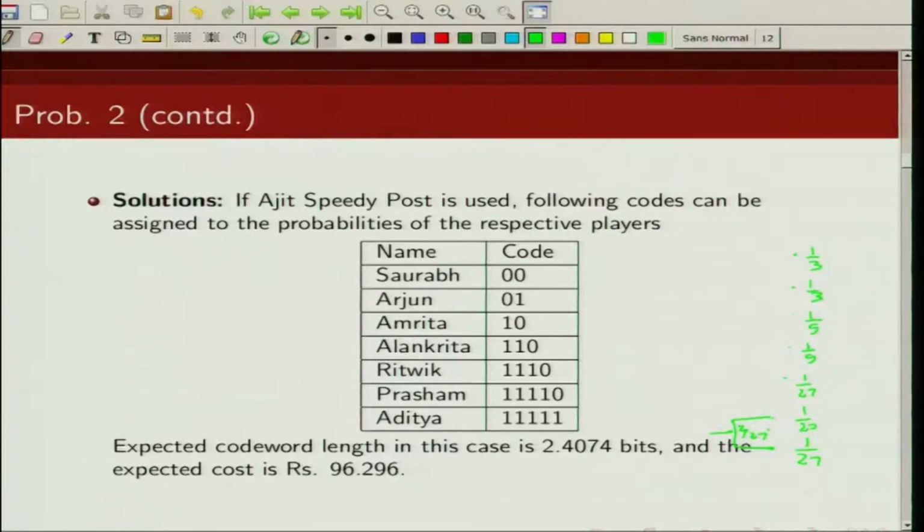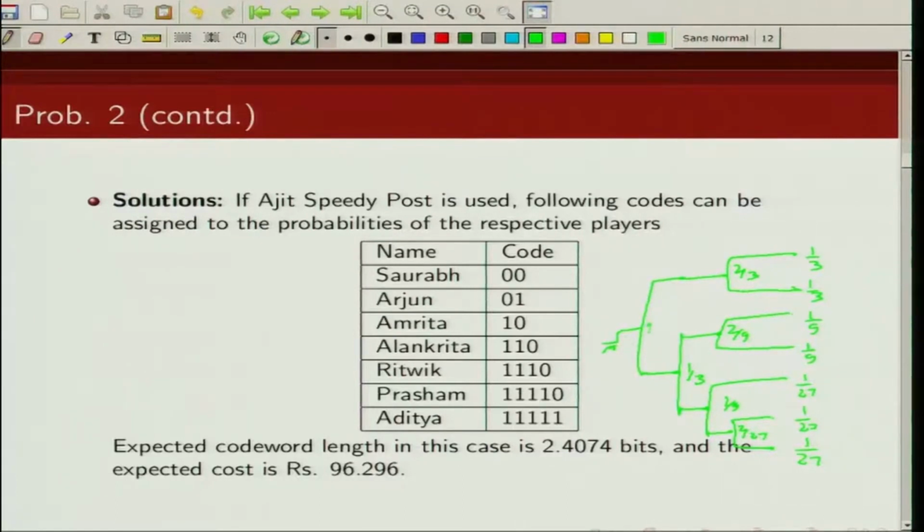Then next we combine these two nodes, and we'll get 1/9. We can combine these two nodes, which will be 2/9. Then we can combine these two nodes, which give us 1/3, and we can combine these two nodes, which will be 2/3.